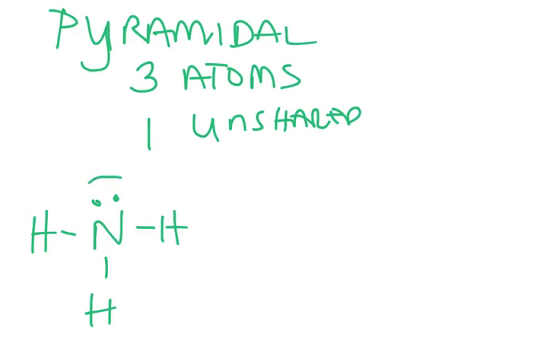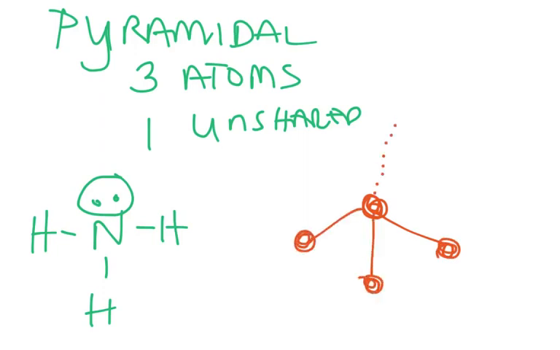But the reality is that unshared pair is still repelling, so it's back to that tetrahedral again. There's a hydrogen, there's a hydrogen, there's a hydrogen, and the unshared pair is up here. You just can't see it. So what you're left with looks like a pyramidal shape.